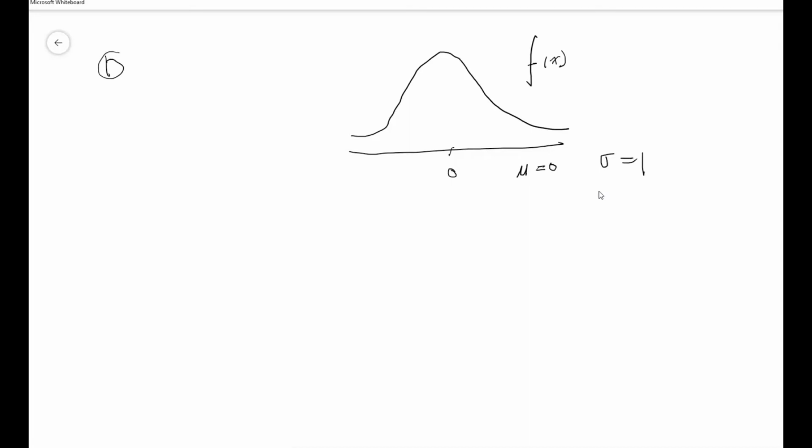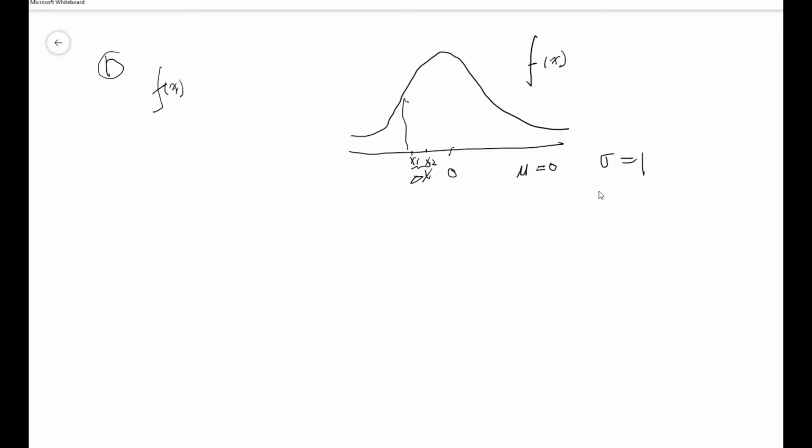So this is the density function. Let's randomly pick a value x here, and call it x1. The height will be f(x1). From x1 to x2, we call the width delta.